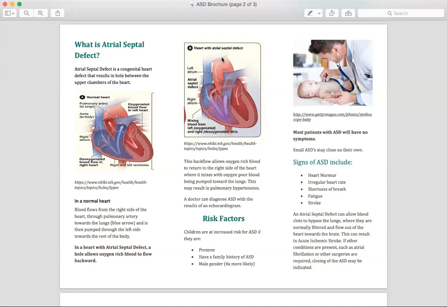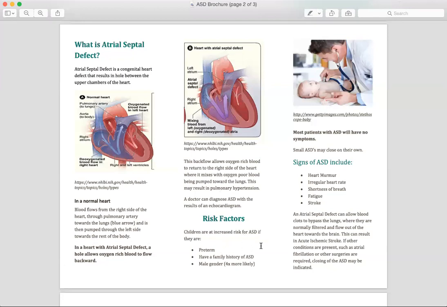So if risk factors such as atrial fibrillation are present, or if a patient possibly has other surgeries scheduled, the ASD may need to be closed to prevent the possibility of stroke. Some risk factors for ASD include preterm delivery.